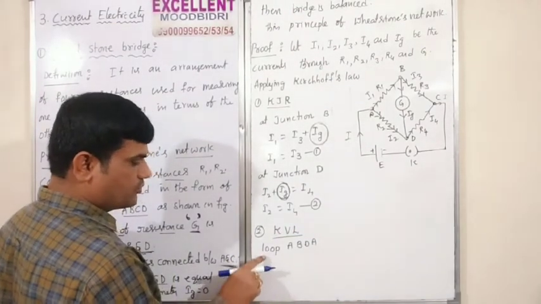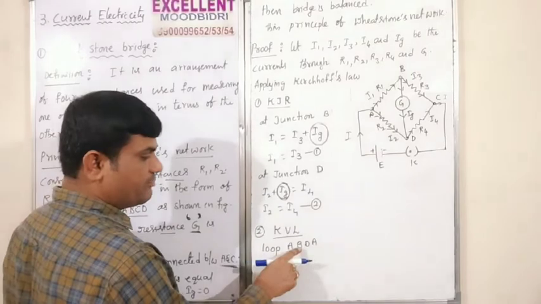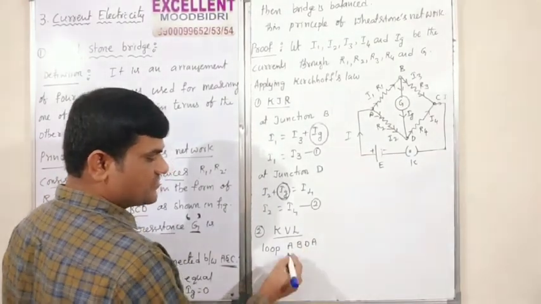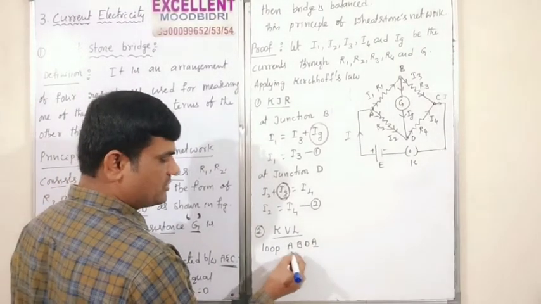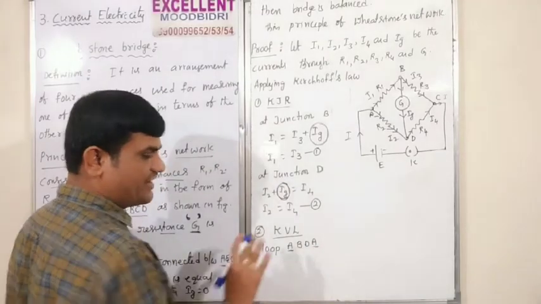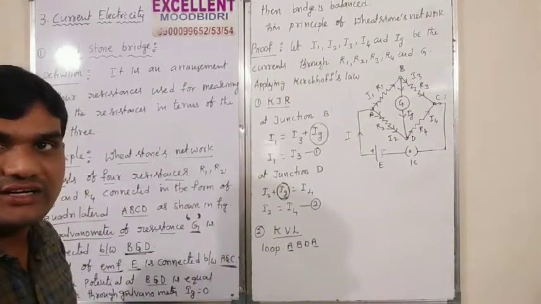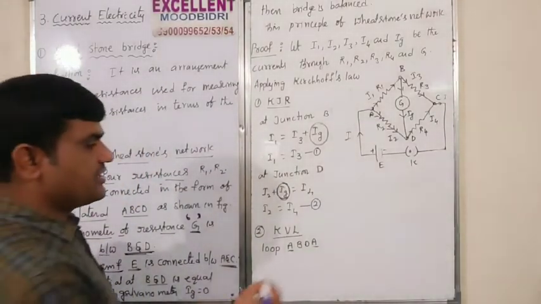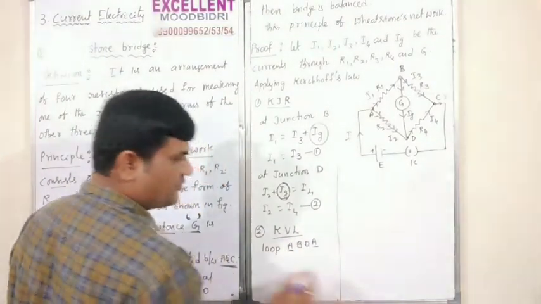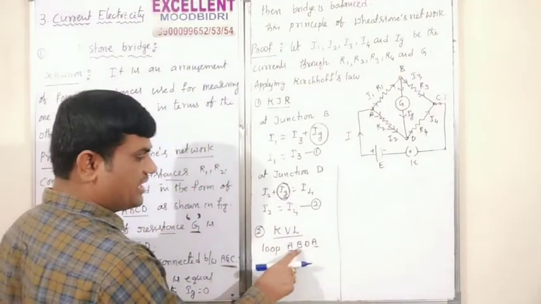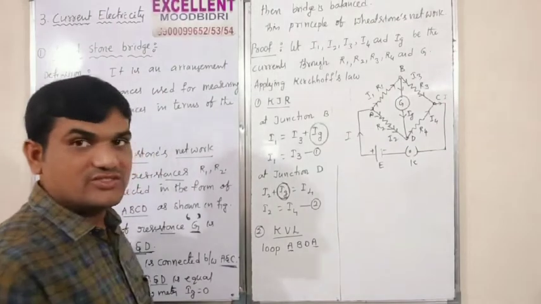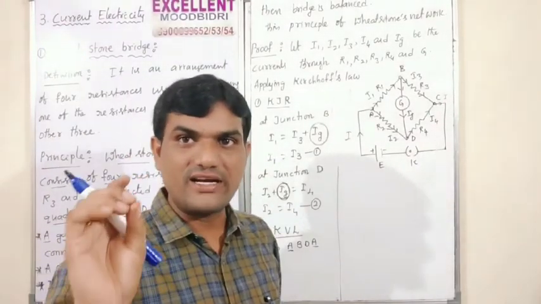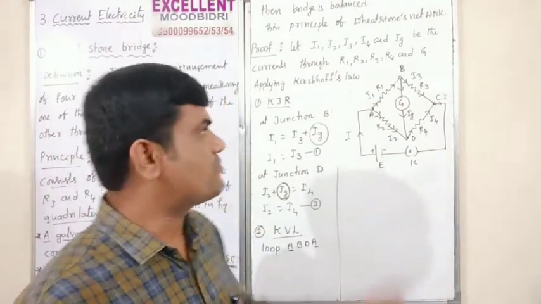So first loop A, B, D, A. For a closed loop, it depends on only the initial and final position. Voltage law depends on only initial and final position. Therefore, loop A, B, D, A. So now we want to consider the path direction.